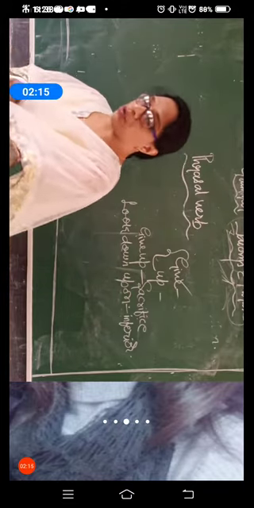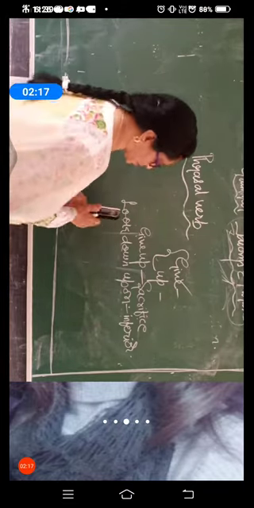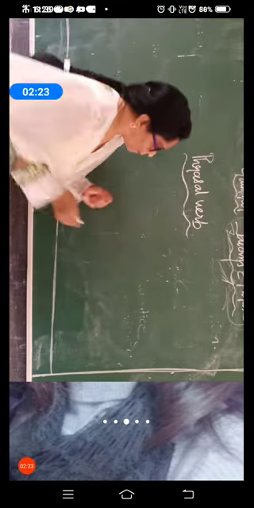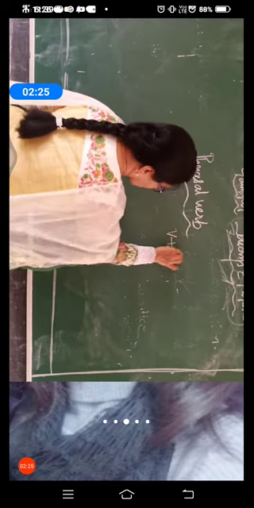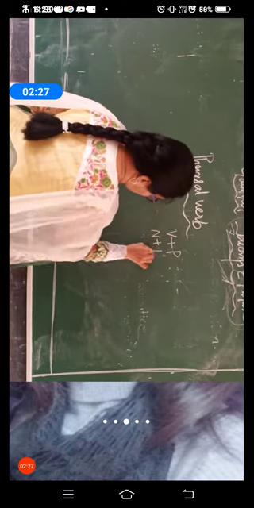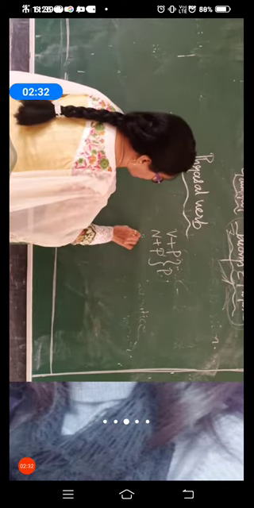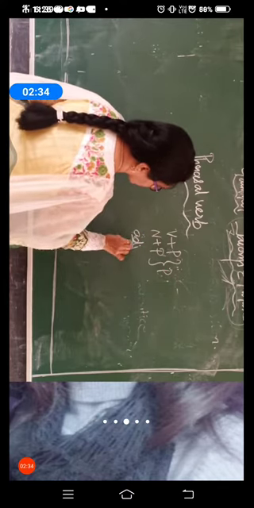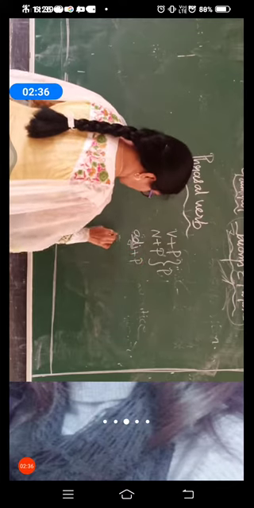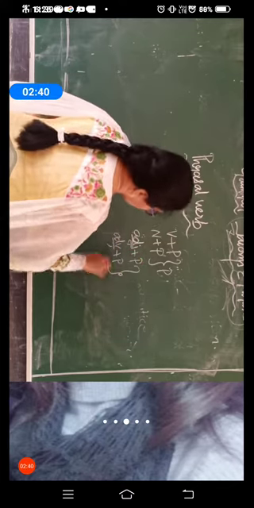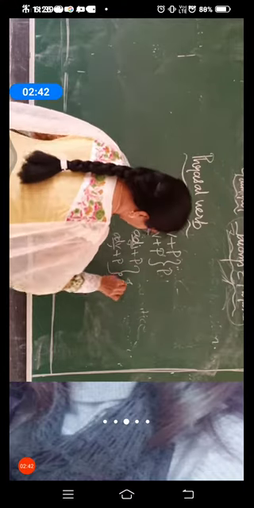Before that, let me tell you how idioms and phrases are formed. I told you verb plus preposition, noun plus preposition makes phrases, then adverb, adjective plus preposition, adverb plus preposition makes idioms.